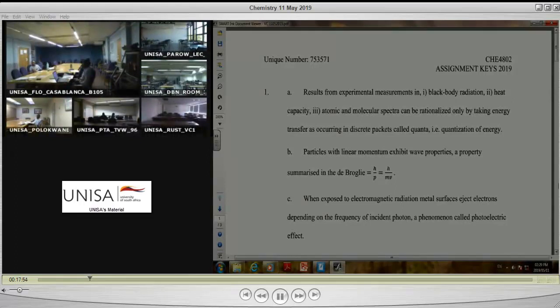Spin. Principal quantum number, yes. And angular quantum number. And the other one? Angular magnetic momentum quantum number. And then the other one, I forgot. Magnetic, yeah. Angular momentum quantum number.